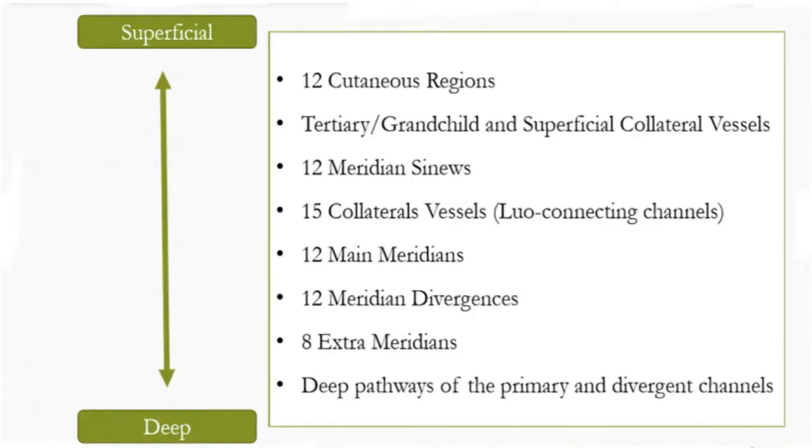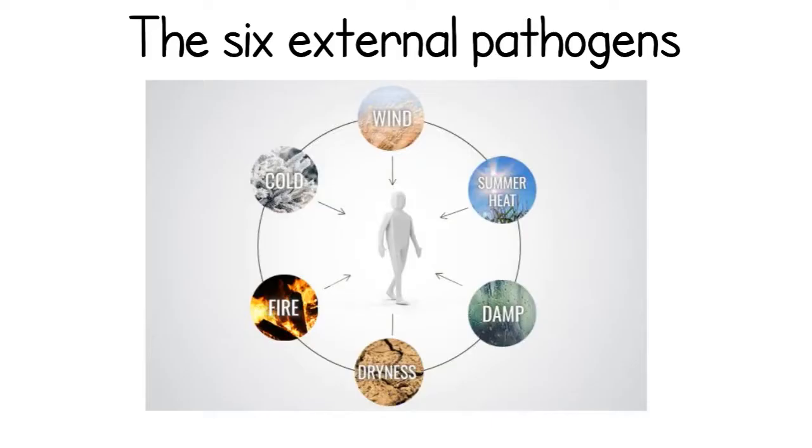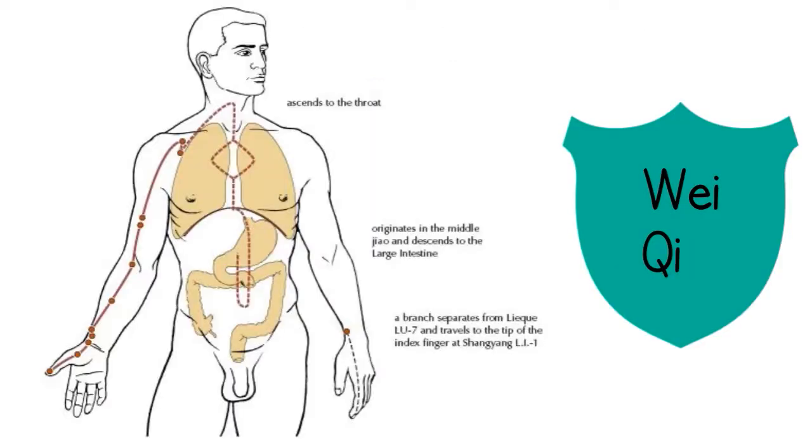Different channels in the meridian system occupy different depths, each of which has a different function in preventing the penetration of pathogens. Exterior pathogenic factors usually invade the lung meridian first, and it is the job of Wei Qi, which is governed by the lungs, to repel and prevent these exterior pathogenic factors from penetrating the body. Therefore, the lungs can be said to be the first line of defense against attacks from exterior pathogens.